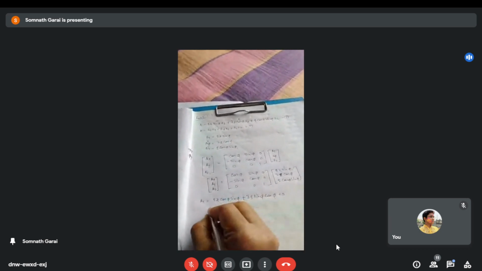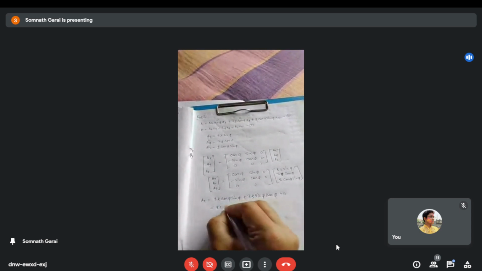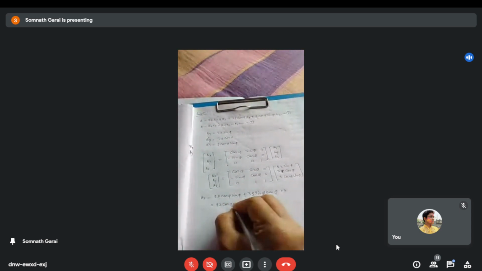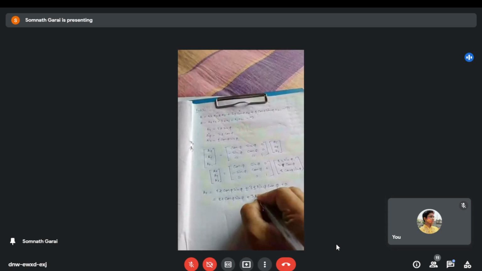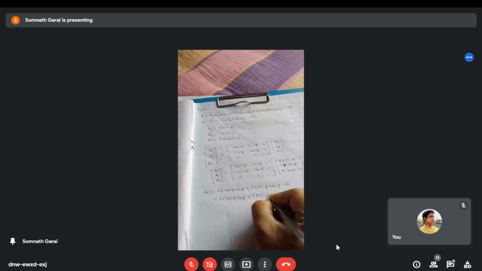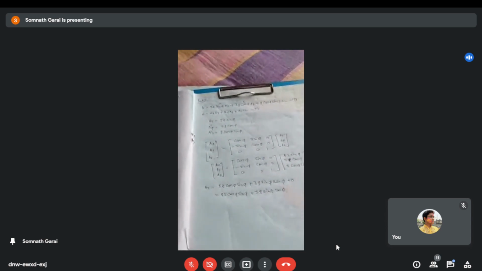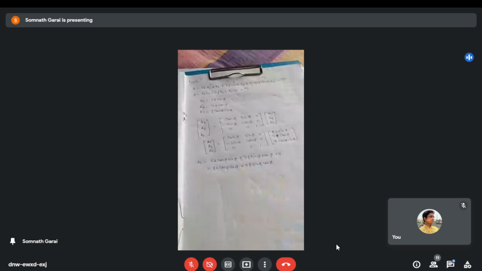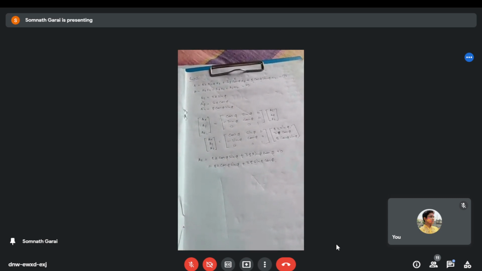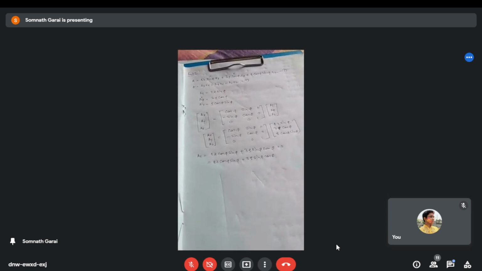So ax is equal to rho z cos phi sin phi plus 3 rho sin phi cos phi. Okay, understood? First component clear? Clear to all? Yes, sir.